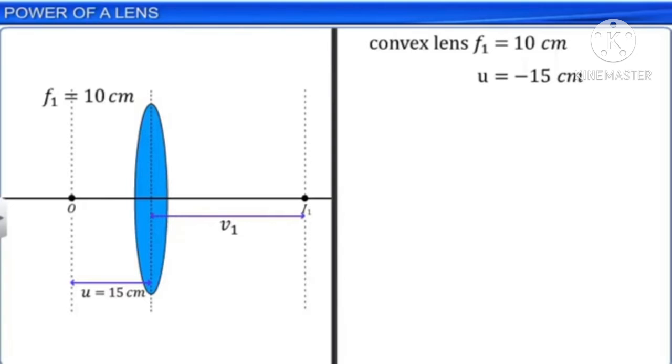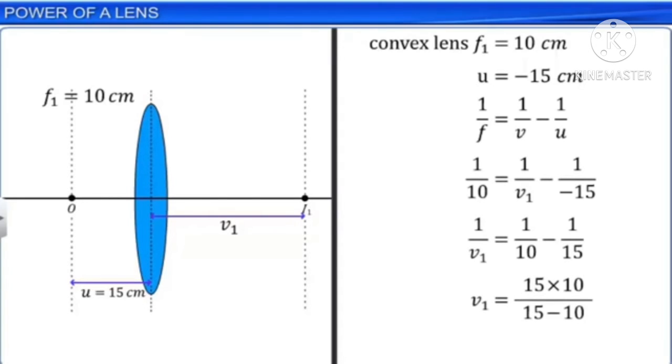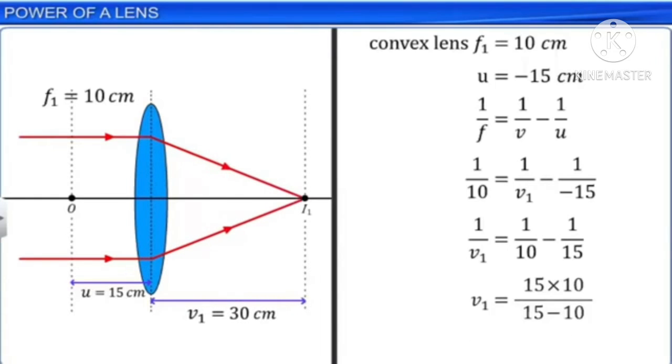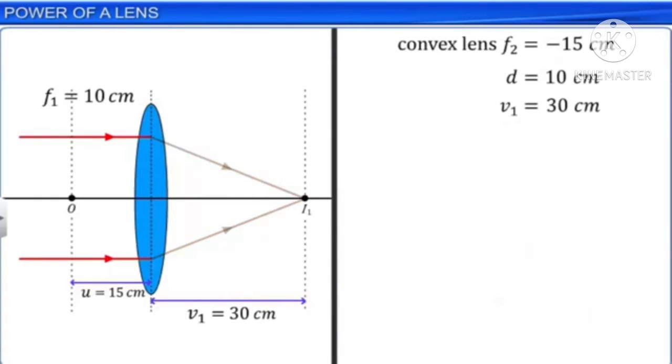Hence, the image is formed at a distance of 30 cm from the convex lens. Now introduce the concave lens between the convex lens and the image I1 at a distance of 10 cm from the convex lens. The image I1 formed by the first lens serves as the object for the second.